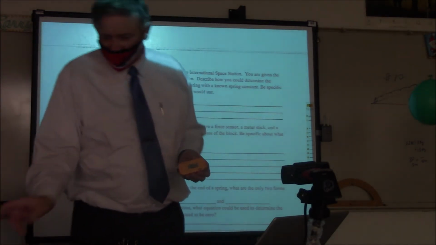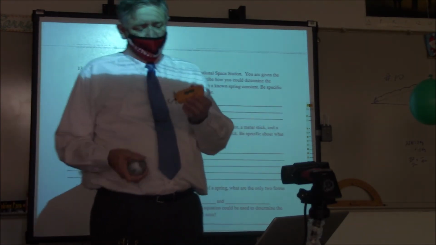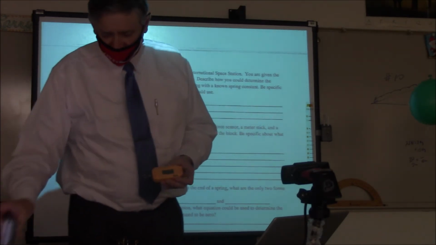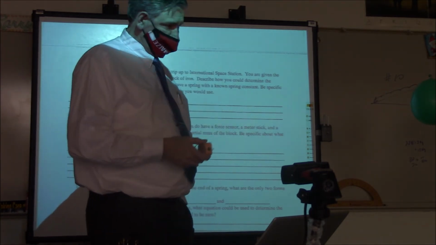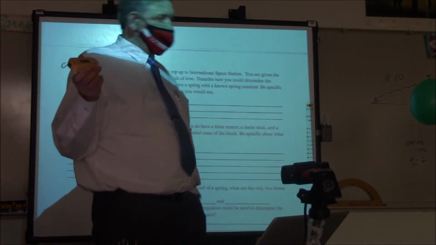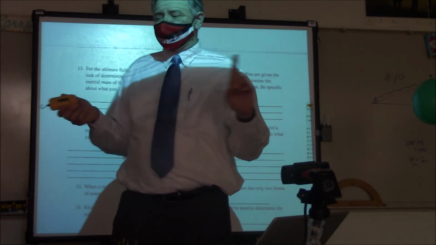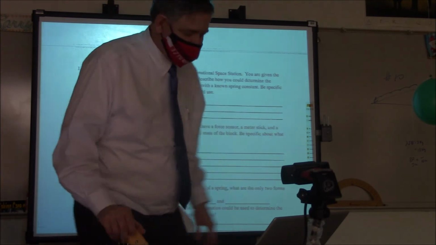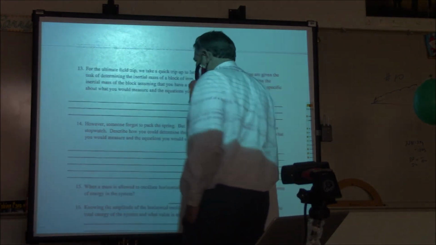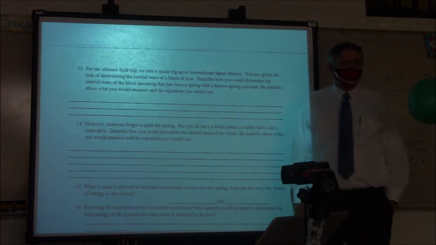Let's say here's this mass. We could hook this up, and we can measure, this is going to be important, the force sensor, oddly enough, measures, wait for it, force. Shocking, I know.